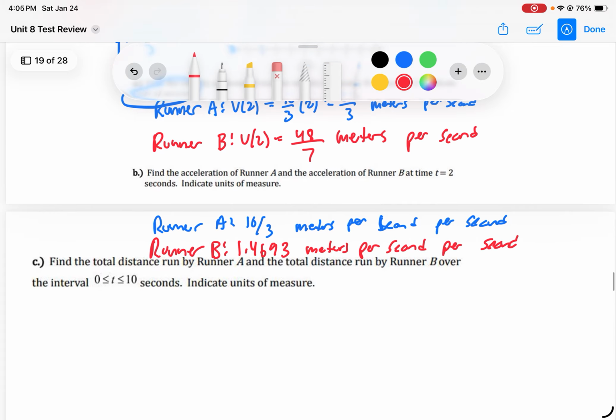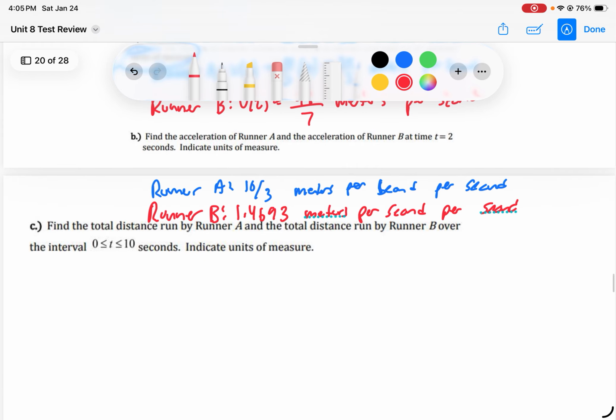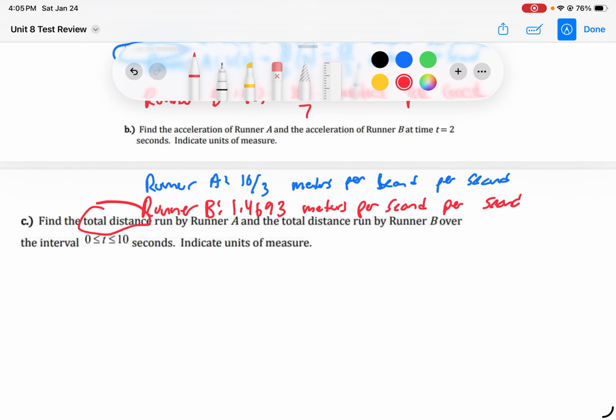All right, so next one, find the total distance, not just net change or displacement, total distance. The idea behind net change: if I'm going to the right, that's a positive velocity. If I start going back left, it's a negative velocity.